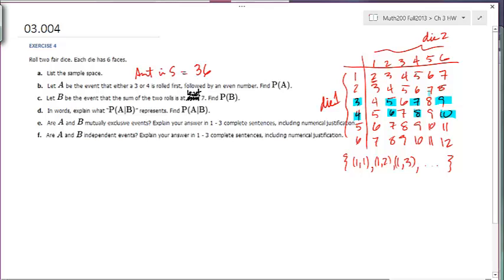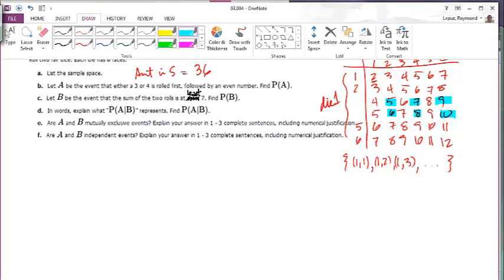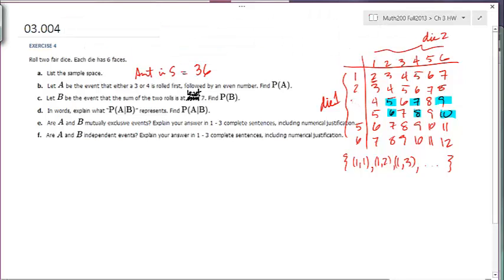Maybe I shouldn't have highlighted the 3 and 4 on the outside. So these combos are going to be your event A. Let's see if we can list that down.